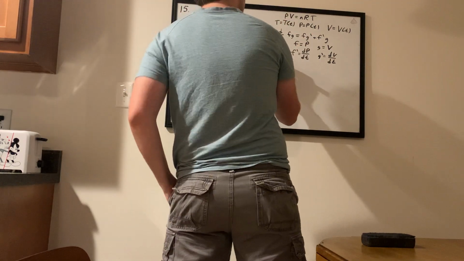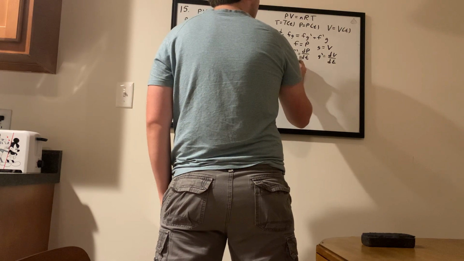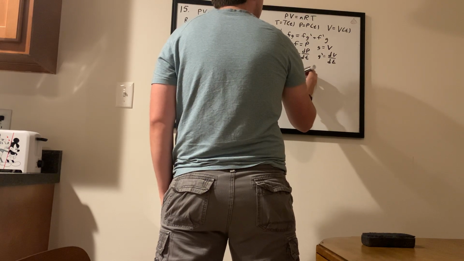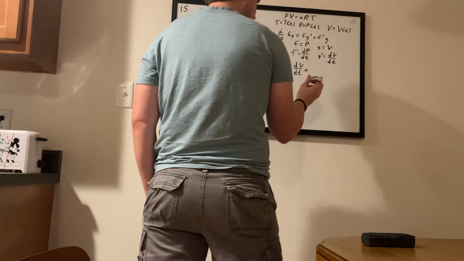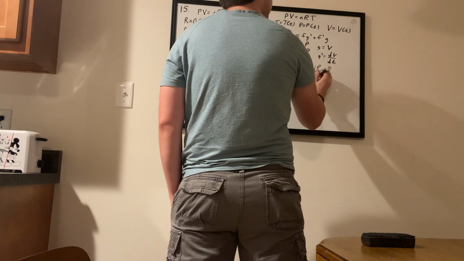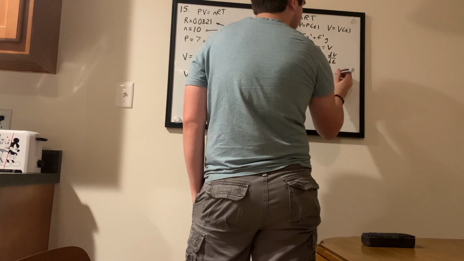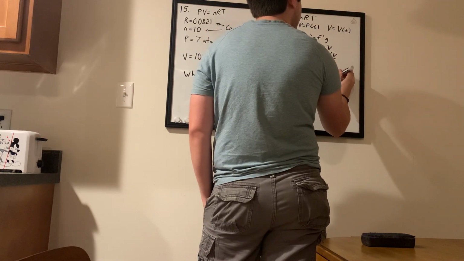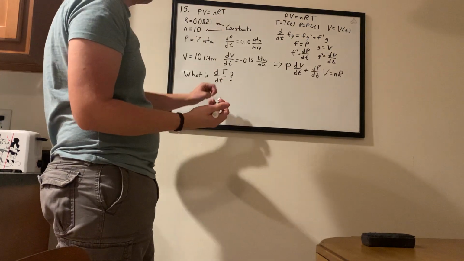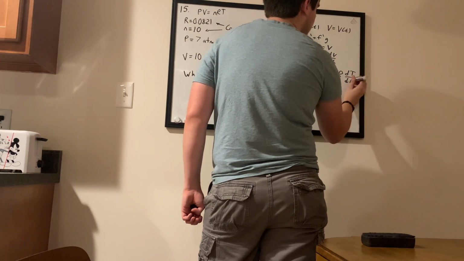So I'm getting that P times dV over dt plus dP over dt times V equals, as we said, a constant, which is n times R, times the derivative of T, which is the dT over dt that we want.